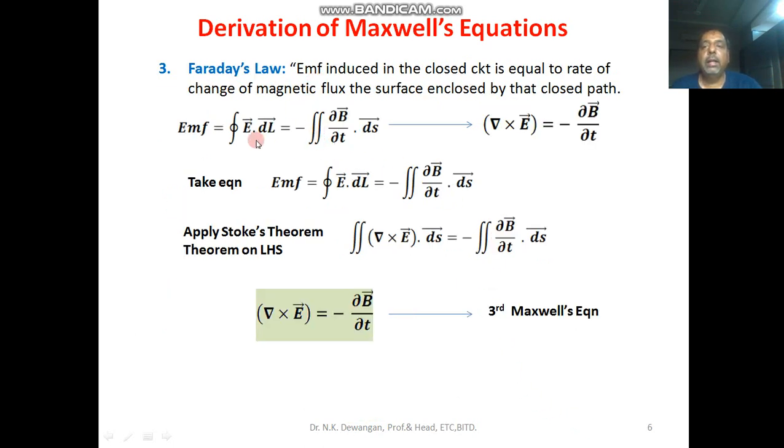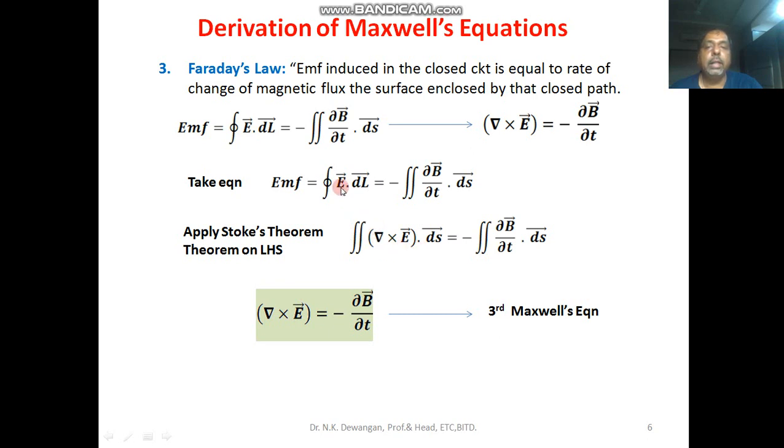Then Faraday's law. We take EMF is equal to the closed path integration of the electric field, which gives minus the surface integration of del B by del T dot ds. Again on the left hand side, E dot dl over a closed path, we apply Stokes theorem. Stokes theorem says that a closed path integration of a vector can be converted into an open surface integration by taking the curl of that vector.